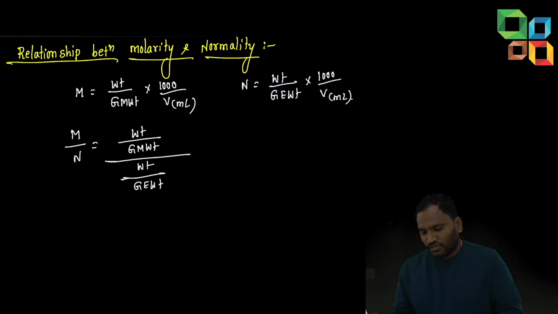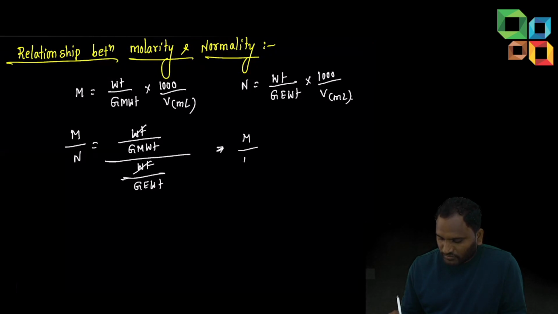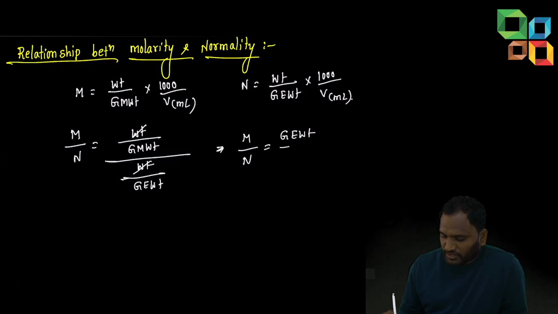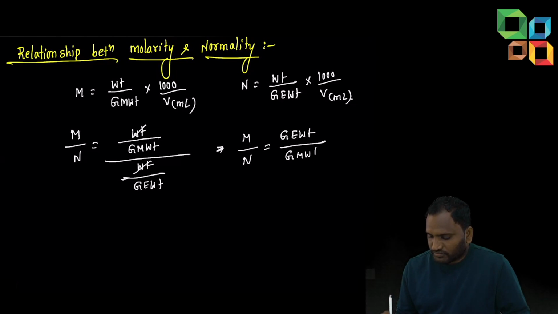1000 by V ml will get cancelled. Even weight also will get cancelled. 1 by gram molecular weight, 1 by gram equivalent weight. So M by N is equal to gram equivalent weight by gram molecular weight, that is 1 by n.